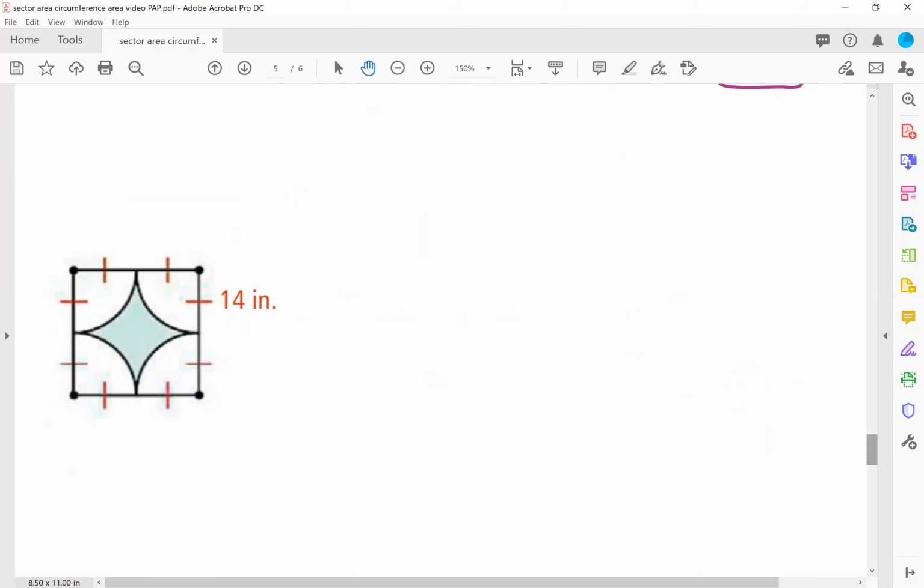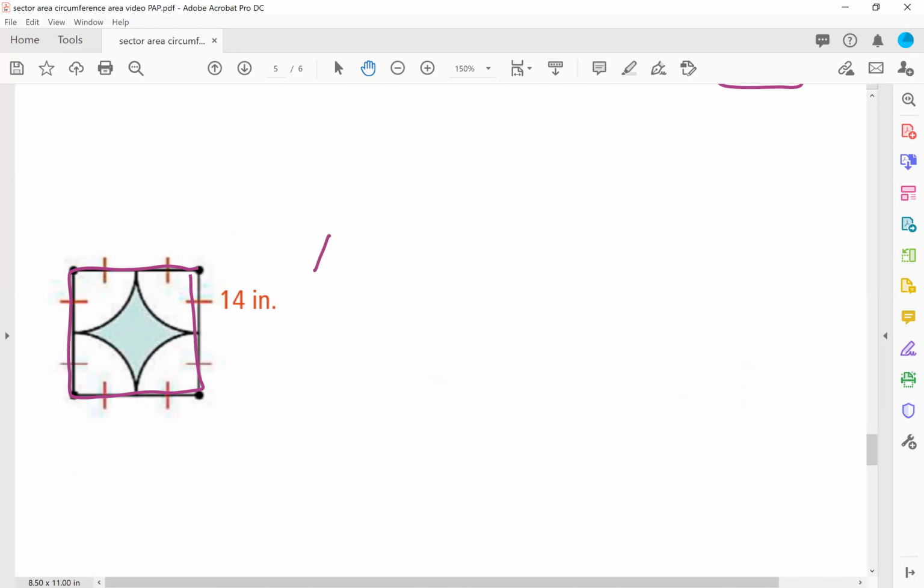Okay, now this one, they're going to ask you to find the area of some kind of composite shape here. We only want the shaded portion. So I can see the overall big shape is a square, and then I need to get rid of these 4 quarter circles, okay?